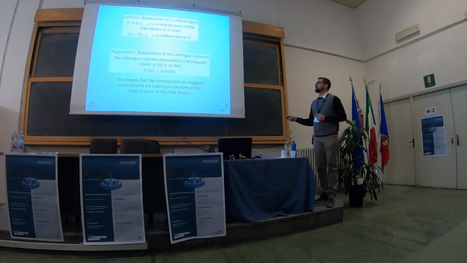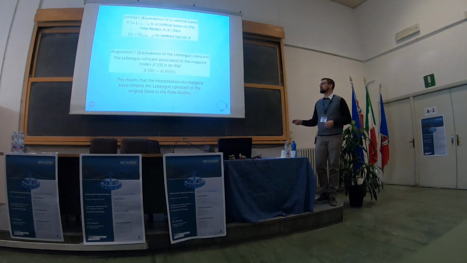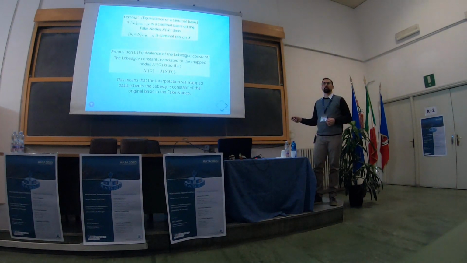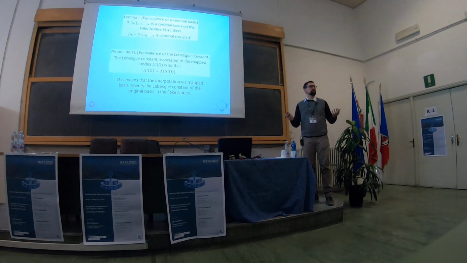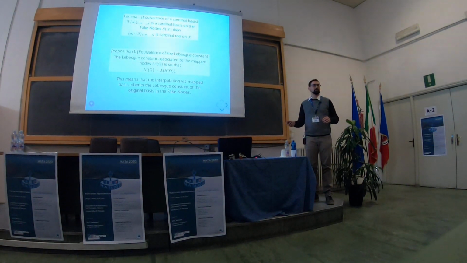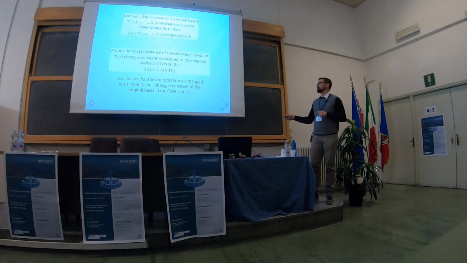So, the Lebesgue constant of the fake nodes interpolation over the mapped basis is exactly the same as over the fake nodes. So we can switch from one set of nodes, in theory, if we know how, to another set of nodes that maybe has a smaller Lebesgue constant. The mapped basis interpolation has the very same Lebesgue constant as the fake nodes.